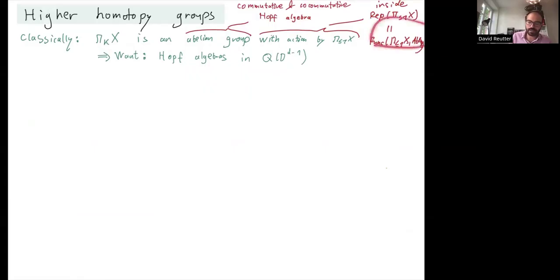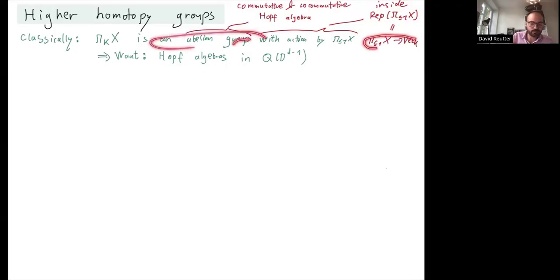Now, okay, fine. So you have this category. And you can ask, can I just categorically characterize such abelian group objects in this? A functor like this amounts to the same as an abelian group object in the category of representations, in the category of just functors from pi_{≤1}X to vector spaces.